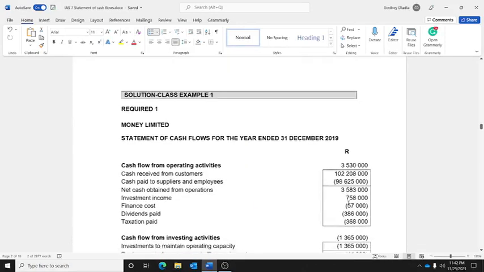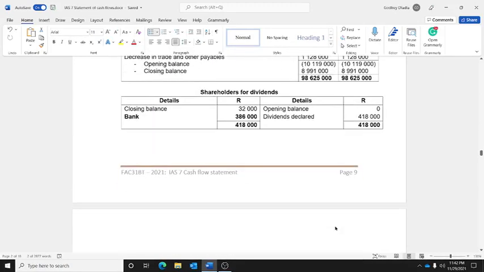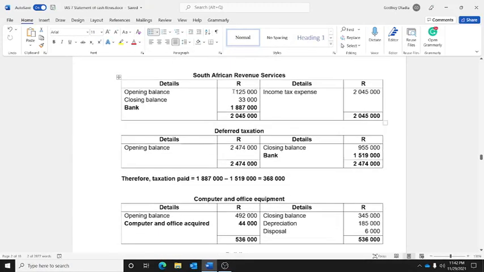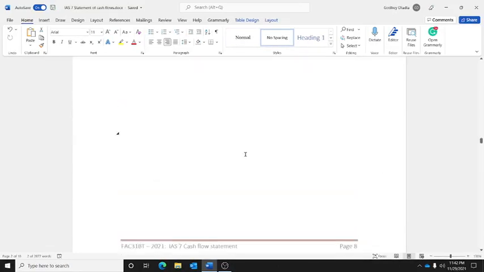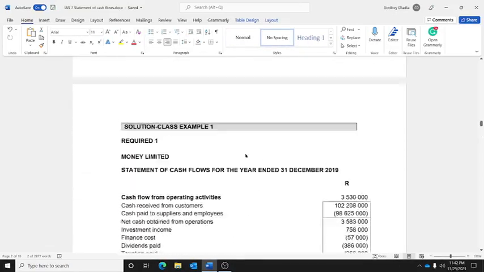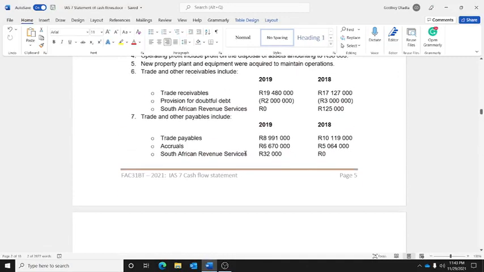Let's check. Here we go. 125 debit and 33 debit. Oh, sorry, I changed the wrong amount. This amount was not supposed to change. I was supposed to keep it as 33.